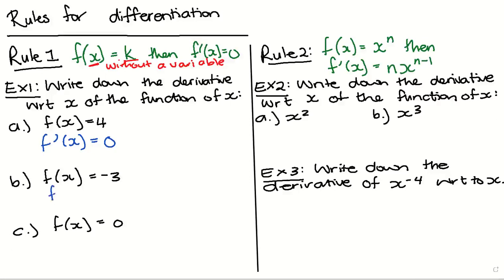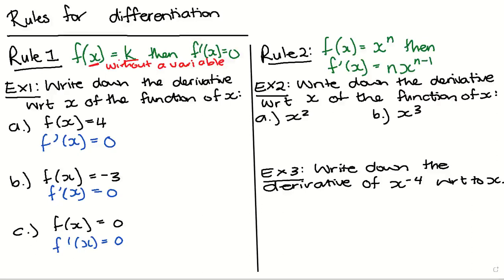And again here, f dash x is equal to 0. And again this one, f dash x is equal to 0. So very easy. Anything that doesn't have an x or a variable with it, when we're trying to find the derivative, you're going to end up just having a 0.